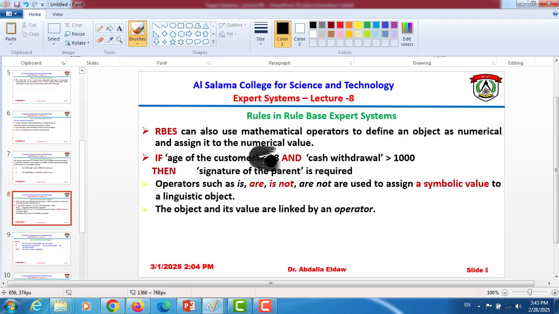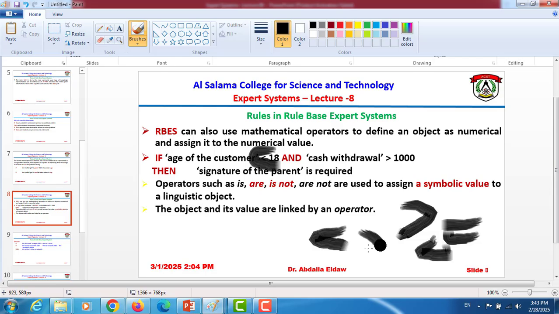For example, here is the less than sign, but mathematical operators include other signs like greater than, less than, equal, less than or equal, and they are also combined with logical operators.